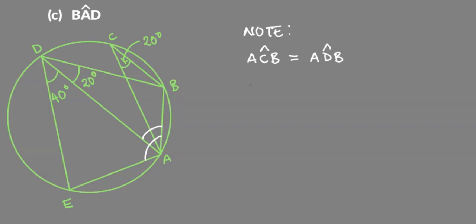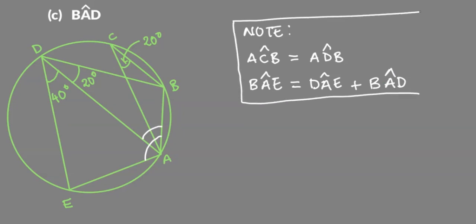In short, BAE is equal to the angle we just found, DAE, plus the angle we want, which is BAD. Making BAD the subject, we're going to have BAE minus DAE.